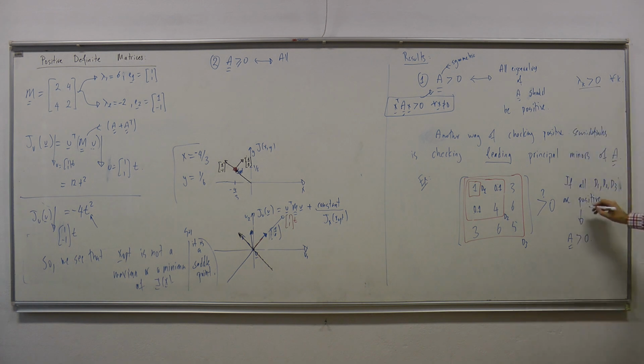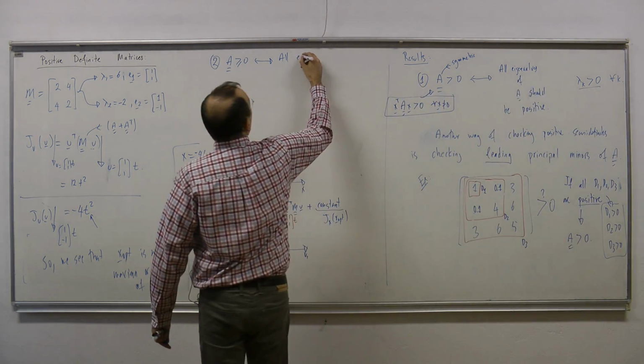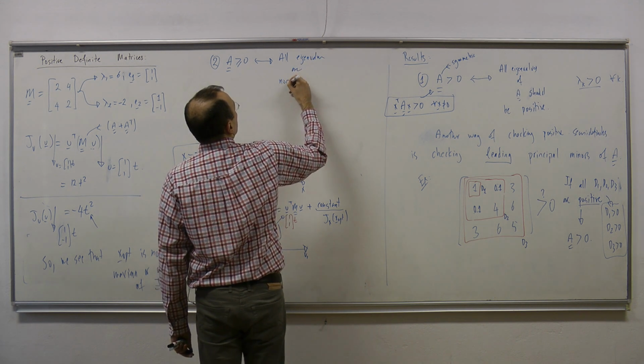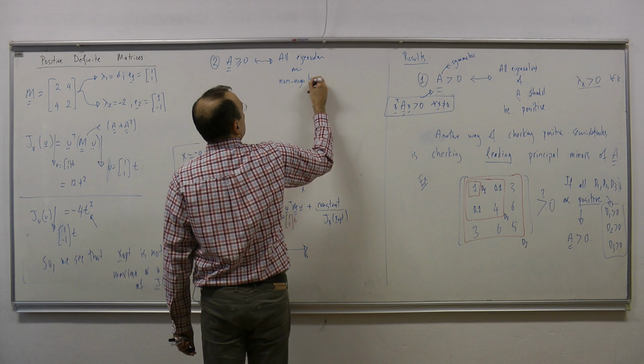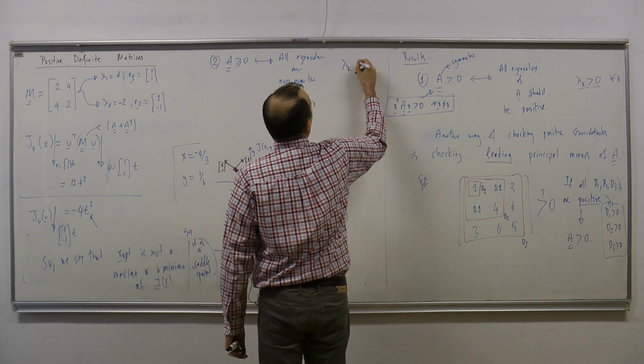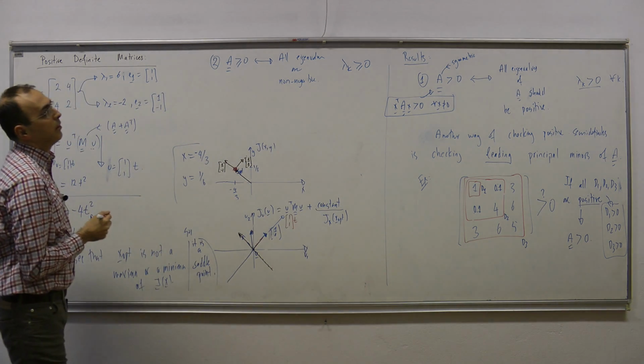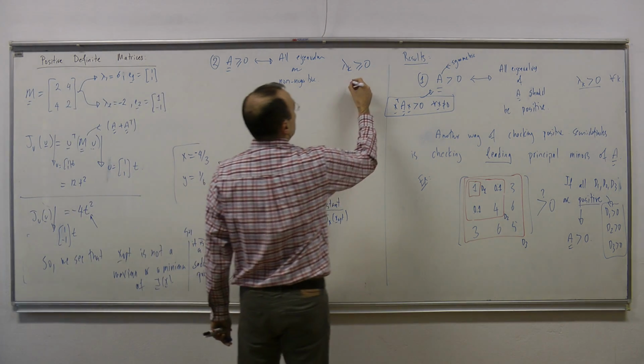So this is correct: they are all positive. D1 greater than 0, D2 greater than 0, D3 greater than 0. Okay, what is this? If all eigenvalues are non-negative, that is lambda k greater than or equal to 0, then we say that the matrix is positive semi-definite.